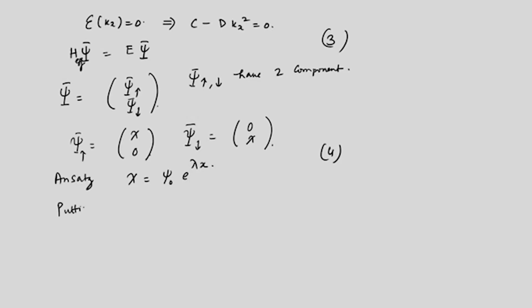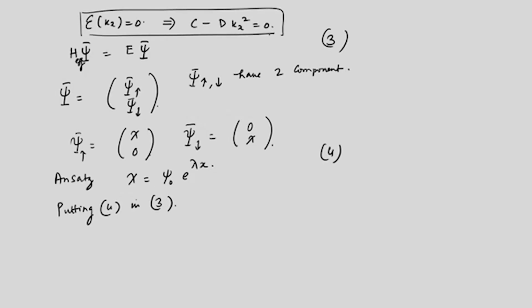Putting 4 in 3, along with this condition which simplifies things, this becomes equal to m plus b lambda square sigma z minus i a lambda sigma x, acting on psi 0 e to the power lambda x, is equal to 0. Of course, psi 0 exponential lambda x is not equal to 0.